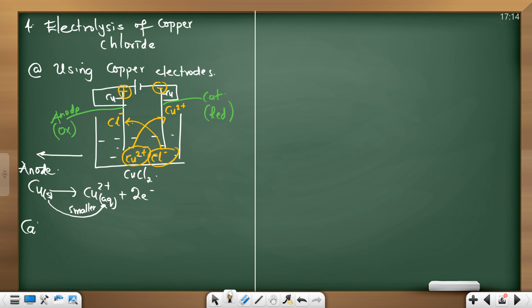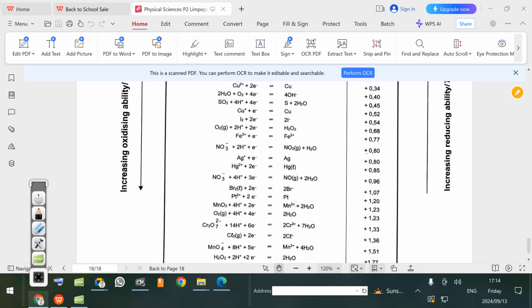Now, what happens at the cathode? Do you notice at the cathode, it's copper? There's no need to go and check on the table. They are both copper. Make sense? So what's going to happen? Which one is at the cathode? Copper, right?